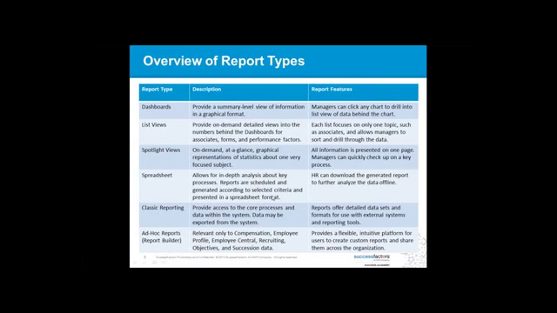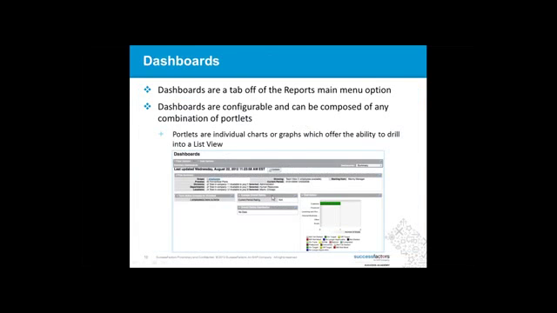So coming to dashboards, dashboards are reports which are configurable, and it is a combination of portlets, and it involves charts, graphs, and you can drill down and view the data behind it as well.